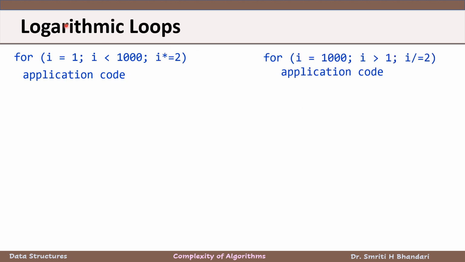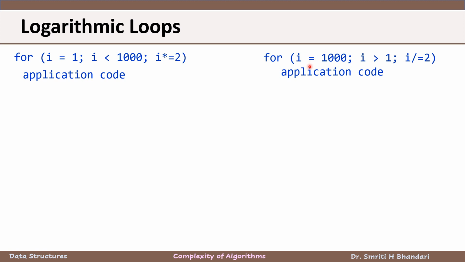Now let's talk about the logarithmic loops, right? Here we have a for loop wherein i varies from 1 to 1000, but every time i gets multiplied by 2, so i equals 2 into i. We have a similar kind of loop here, in which for every iteration i gets divided by 2, i equals i by 2.